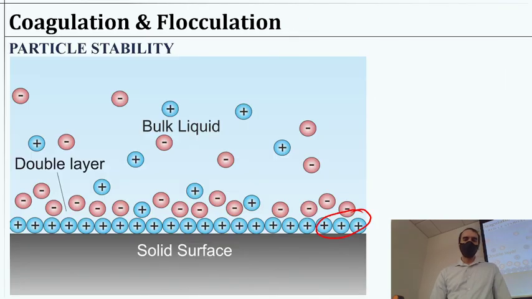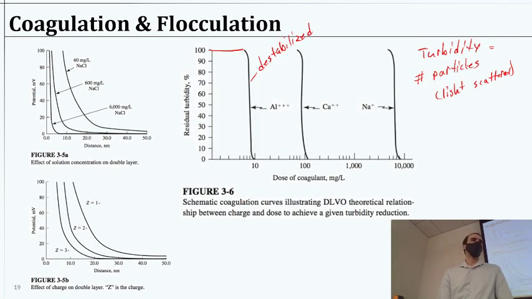So the charge here is actually a big deal, and that relates to our ionic strength. You may remember the ionic strength equation is 1/2 times the sum of the charge of some particle squared, so Zi squared times Ci, the concentration.